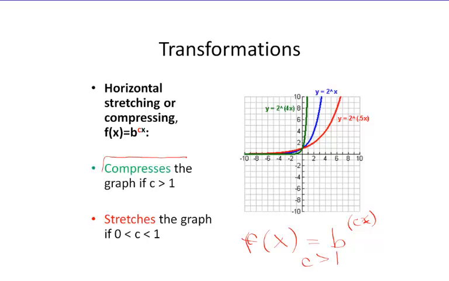So we're going to actually compress or shrink horizontally the graph of our function. If c is less than 1, between 0 and 1 specifically, then we're not going to go through those horizontal values as quickly as the original parent function. So it's going to look like a stretching of the graph horizontally.